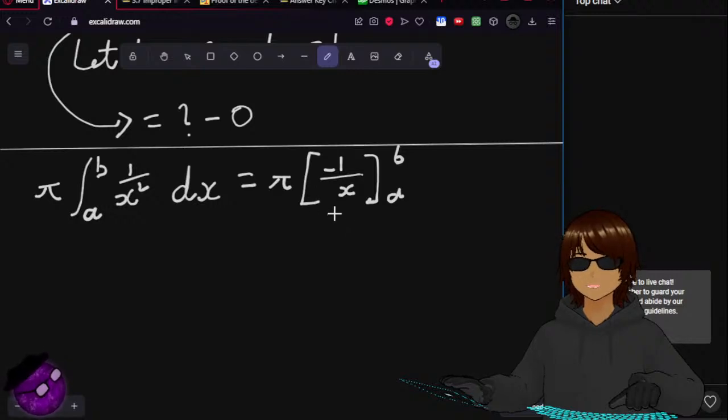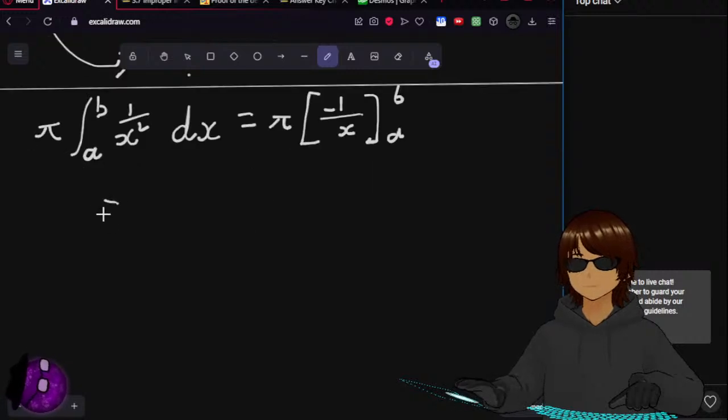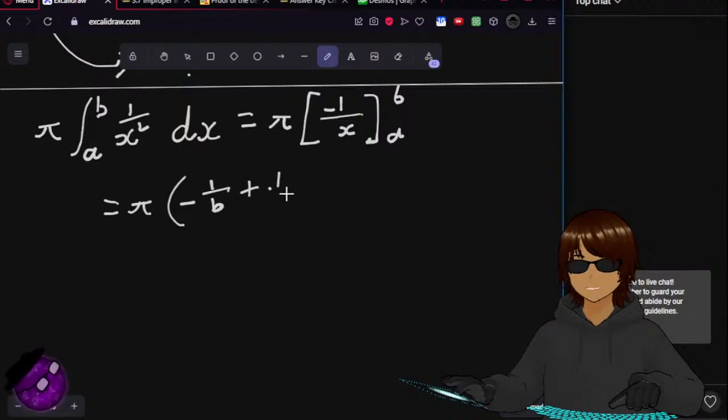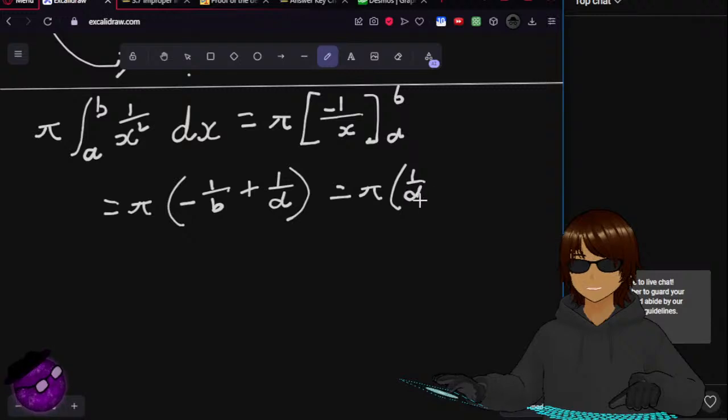Minus x to the power of minus 1, if we differentiate that, we get x to the power of minus 2. I guess that's correct. And then this becomes 1 over a minus 1 over b.